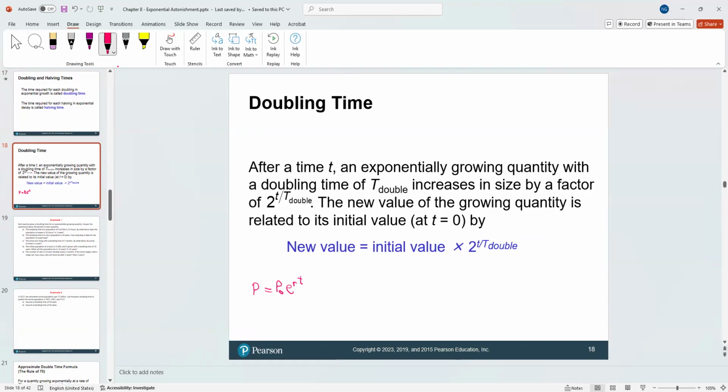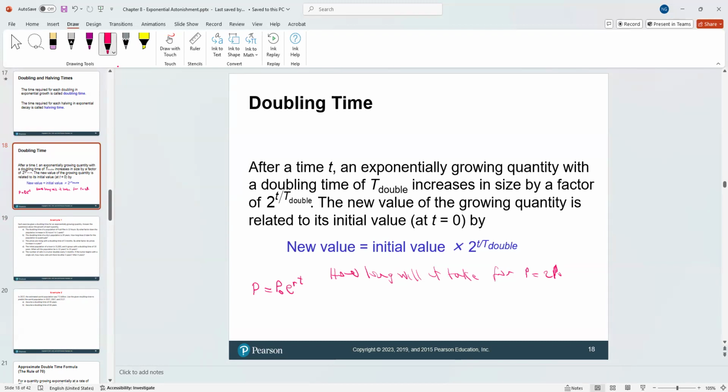So how long will it take for this initial population to double? How long will it take for P to equal 2 P naught? That means double the initial population.